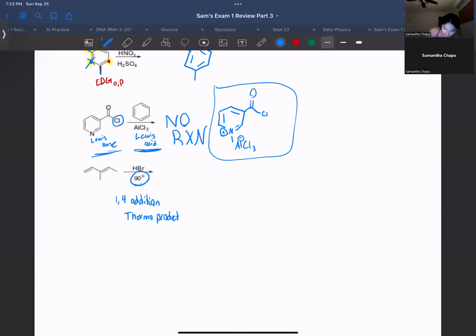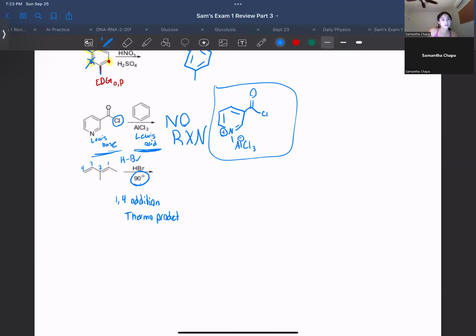So I'm going to number going this way: 1, 2, 3, 4. The reason I'm numbering it like that is because before you do your 1,4 addition product, you have to do 1,2. So there's a whole mechanism for this. Let me show you the mechanism right now.